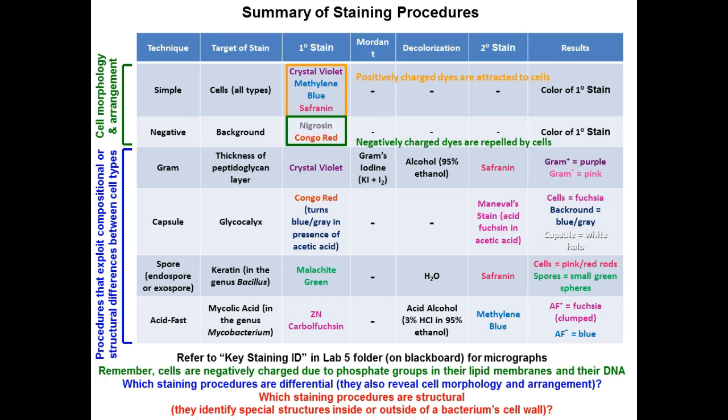So, which are structural, actually allow us to identify specific structures. Capsule and endospore, right? Those are distinct structures. The capsule's outside the cell, right? The endospore is within. And remember, we used a particular method. We used the Schaeffer-Fulton method.